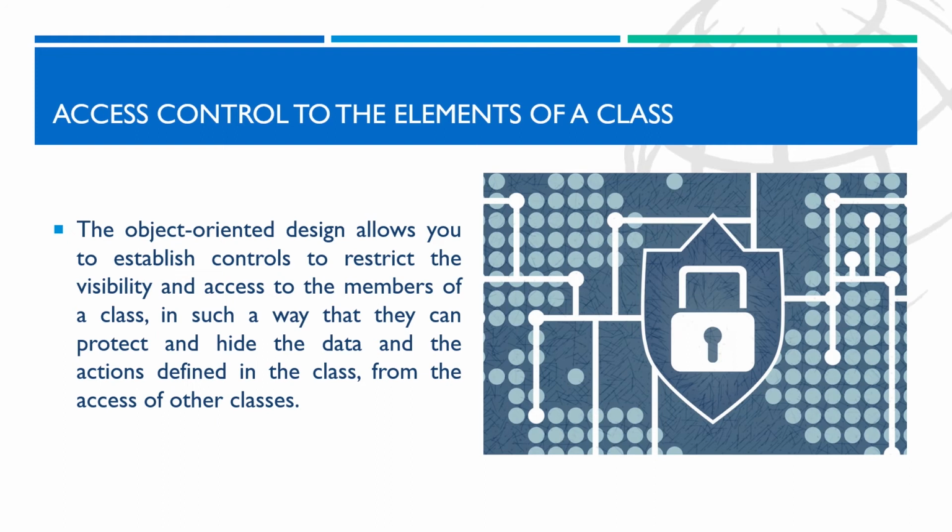Private members of a class are hidden from other classes. That is, they can only be accessed by the internal members of the class that contains them, while public elements are visible to the other classes and therefore can be accessed by them. To better understand this, we will use the following example.